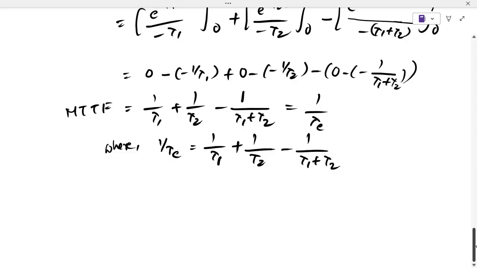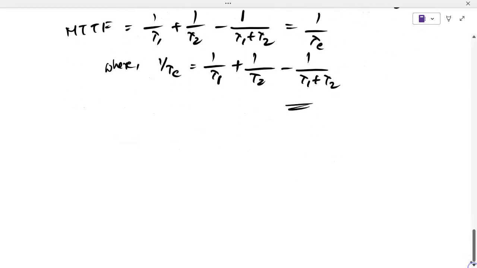Similarly, for n number of components we can write like this. Suppose 3 components are connected in parallel.